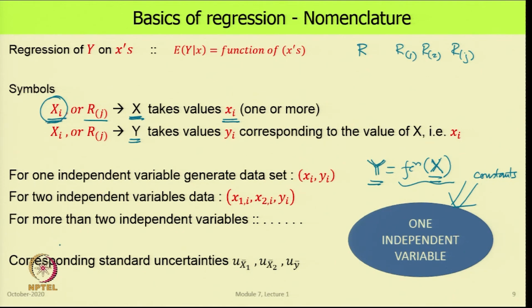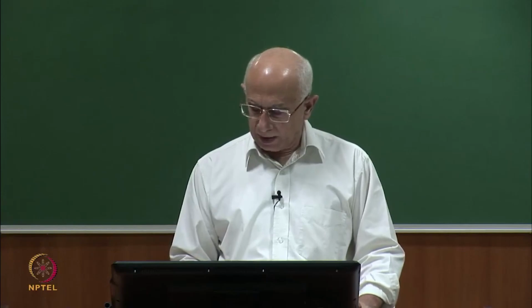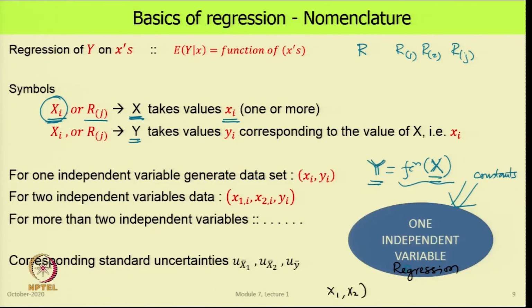So, what we are looking at is that what we consider as an independent variable for regression is slightly different from what we talked of as an independent variable in an experiment. In the experiment we said that I have x1, x2 as my independent variables, which meant that while doing the experiment I could set the value of these independently, and then the experiment will do what it has to do, and I have some more measurements that I take, x3 and x4 parameters.